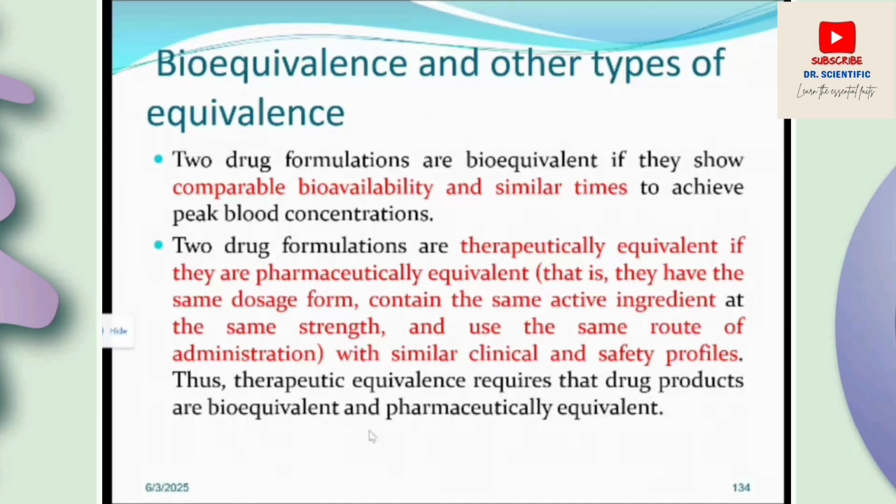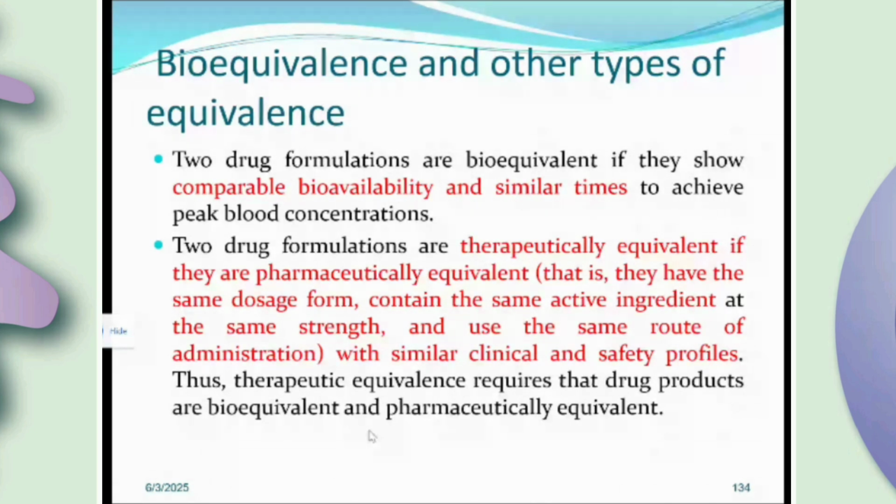So in summary, what are the three types of equivalence we are talking about here? It is bioequivalence, therapeutic equivalence, and pharmaceutical equivalence. Bioequivalence has two characteristics mainly: the drug is comparable in terms of bioavailability and time to peak concentration. Two is pharmaceutical equivalence, which means the drug has similar pharmaceutical characteristics, for example, dosage form, active ingredients, strength, route of administration, clinical and safety profiles.